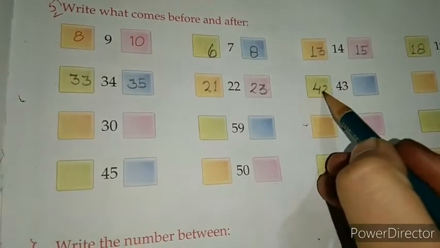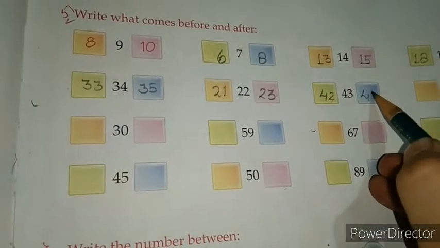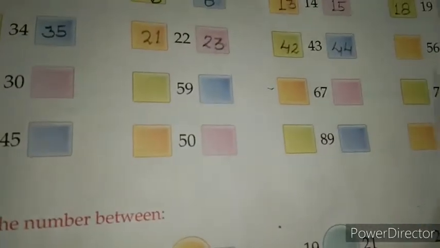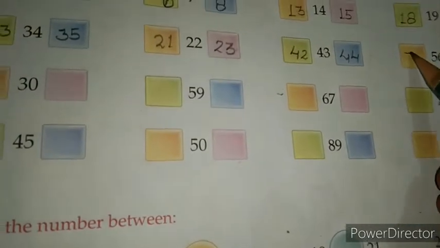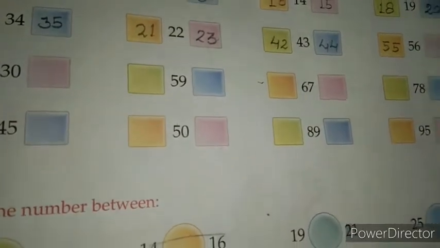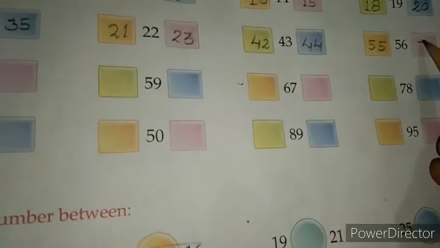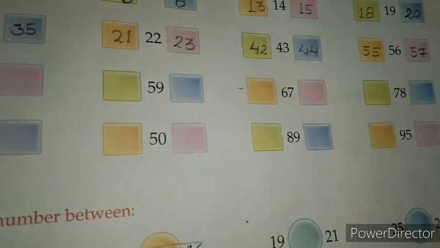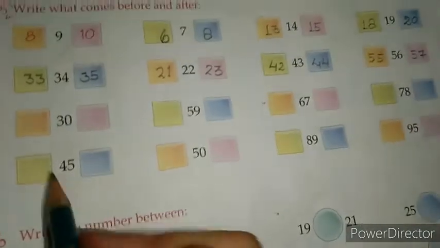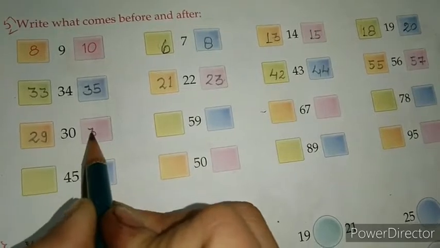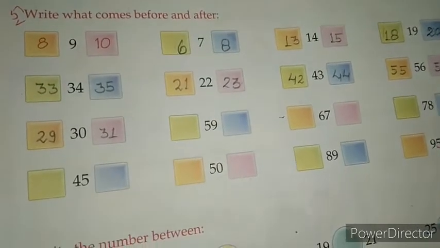Okay. 42, 43, 44 and 56. So in the boxes we have to write 55 because 55 comes before 56, and 57 comes after 56. Okay, next one is 29, 30, 31. Understood all of you now?